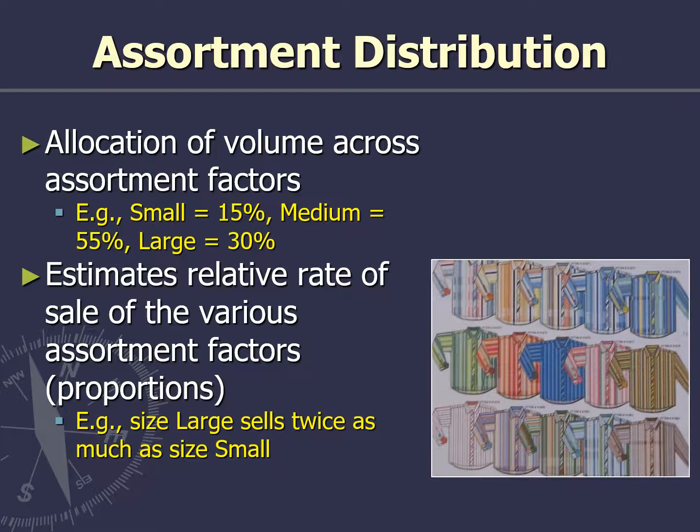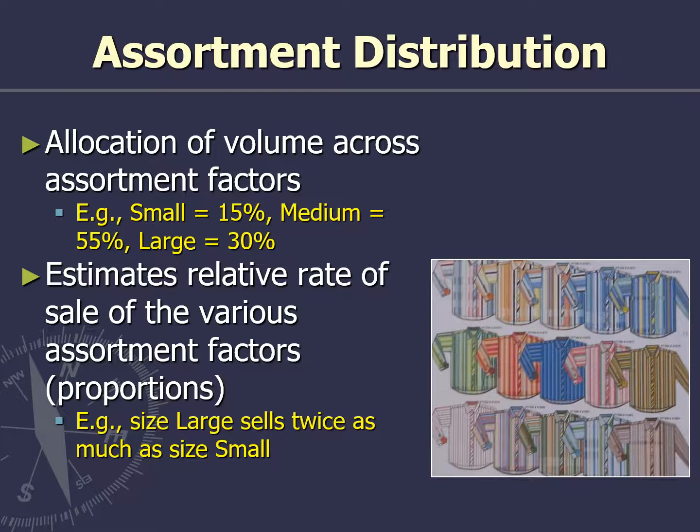If that is determined, that means that the buyer thinks the medium is going to be the most popular size in this store, and if you compare the small 15% and large 30%, that could basically mean that the buyer believes that size large sells twice as many as size small.